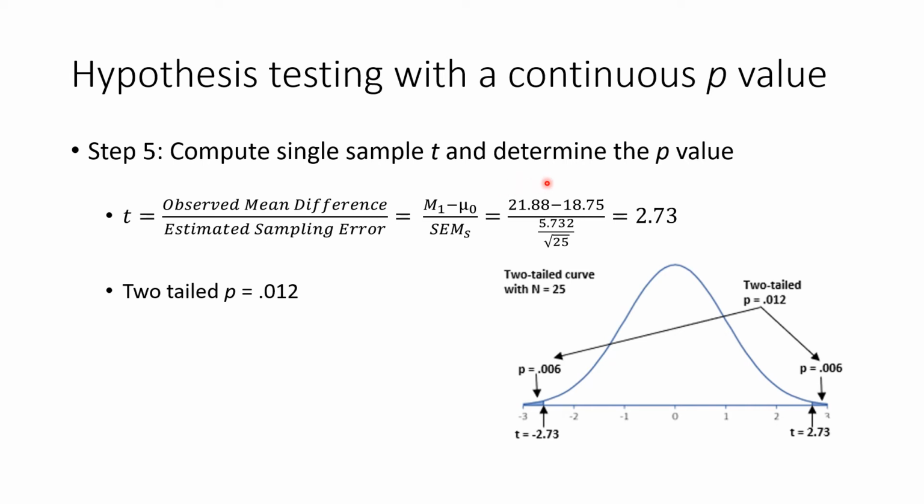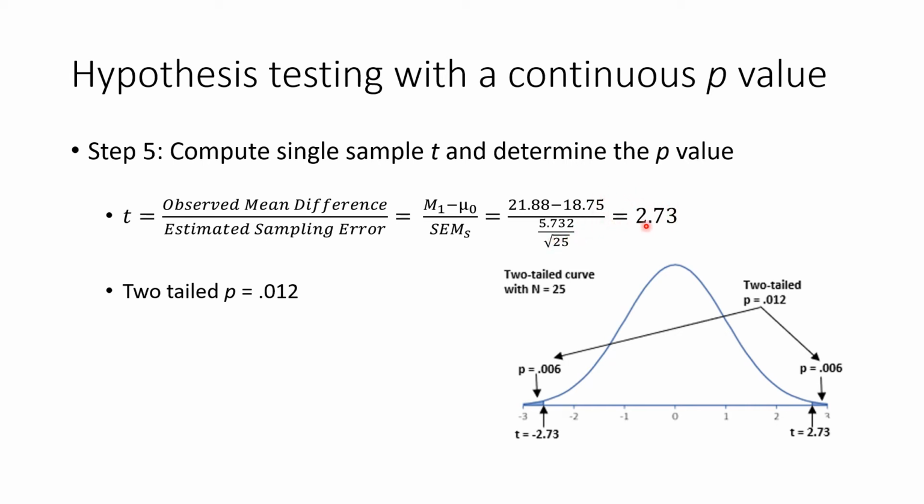You want to find the difference between what they estimated and the true value of $18.75. And then you're going to divide that by sampling error, which is the standard deviation of the sample divided by the square root of the sample size, which was 25, which gives us 2.73. What that literally means is the deviation in the numerator is 2.73 times larger than you would expect by sampling error.